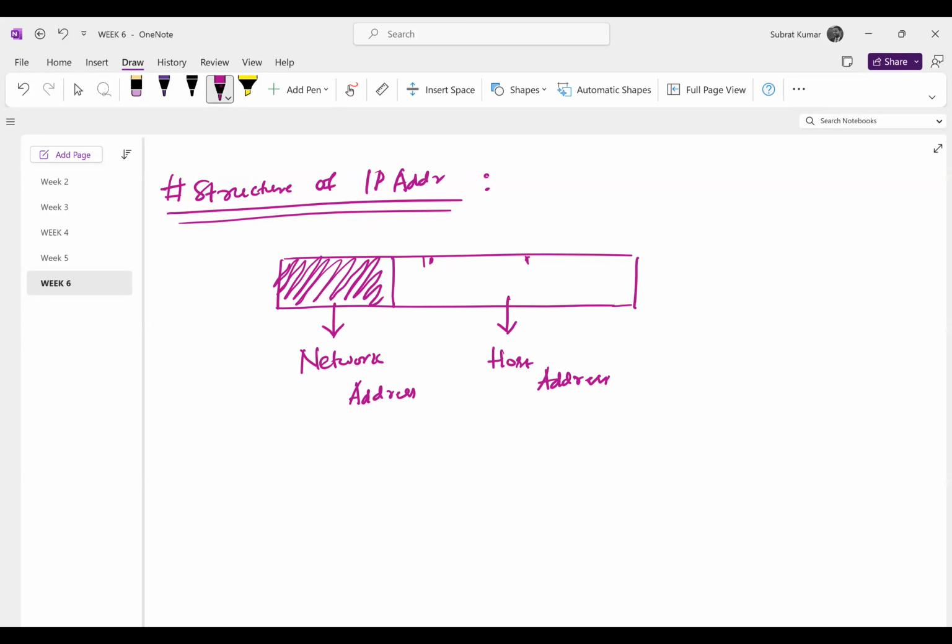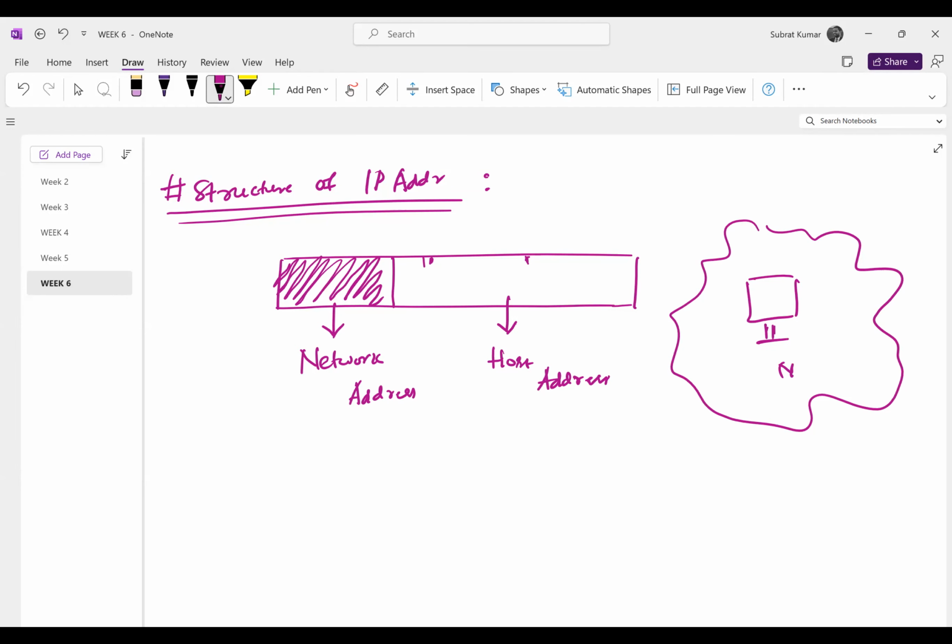So if you go into the network and there is a host or computer inside this network, the network address of this host will be equal to the network address of this network. That's how you know that this host belongs to this network.